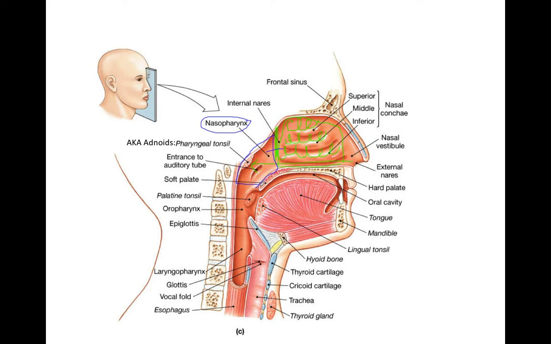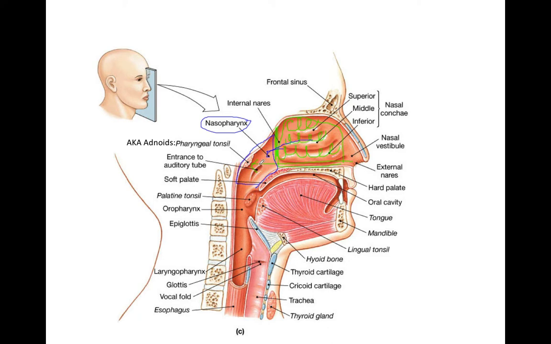So this is the soft palate. Here's the hard palate. Here's the soft palate. So air is coming in. It's going into the nasopharynx. This is air only, so what kind of epithelium would you have? Respiratory epithelium, PSCC. And we have two other structures here.